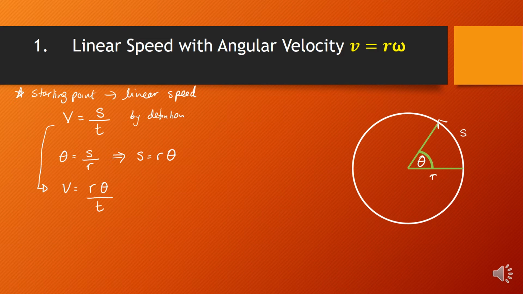Since we know what theta over t is, it's the angular velocity, the angle swept out per second. This is where omega comes in: the angular velocity equals theta over t. Then we can say that v is equal to r omega, and that's our derivation finished.